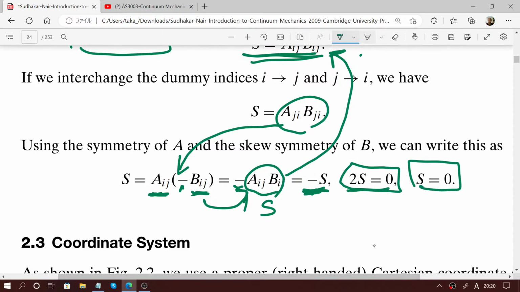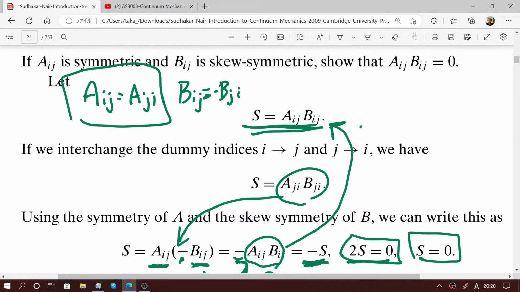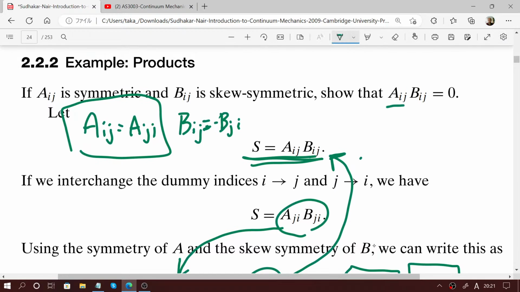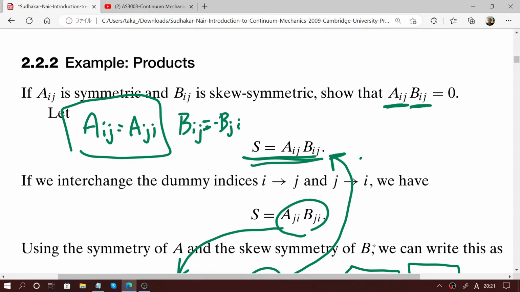That's a proof. So if you have a symmetric matrix and an anti-symmetric or skew matrix, this is not matrix multiplication.